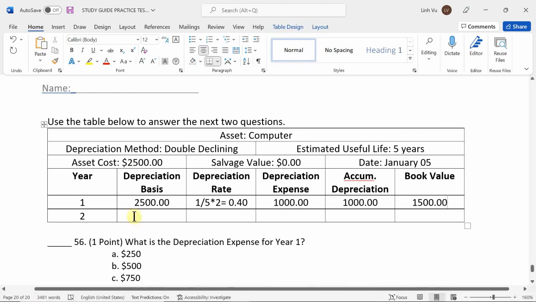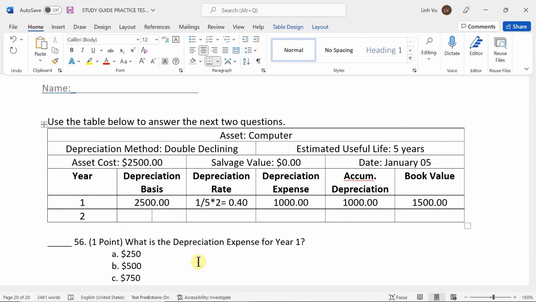Correct, because it's going to be the beginning of the year's book value. In this case, the end of year one becomes the beginning of year two. So that means you're going to carry the book value of 1,500 to the next year as your depreciation basis. What's your rate going to be?